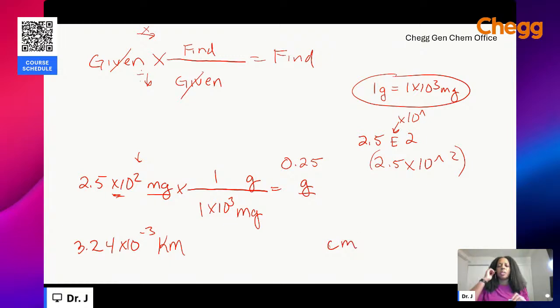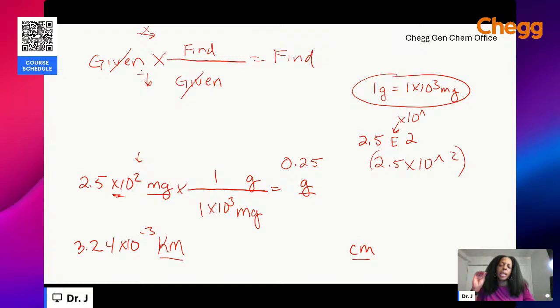Okay. So if we have 3.24 times 10 to the -3 kilometers, and we wanted to get to centimeters. Again, the main thing you want to note here is how do we know how many steps this would take? And so when I look at the kilometers versus centimeters, I know that I have two prefixes there. I have kilo and centi there.